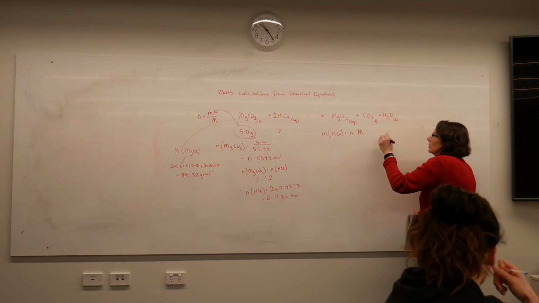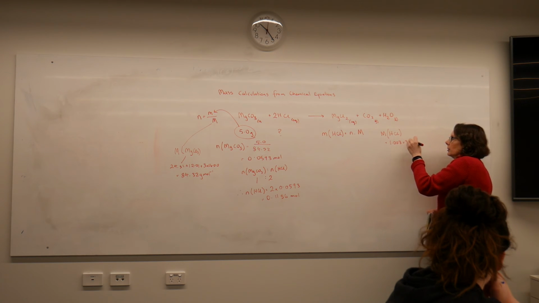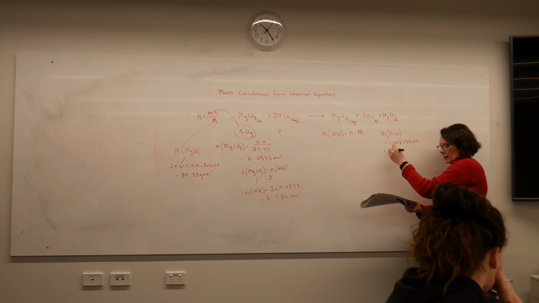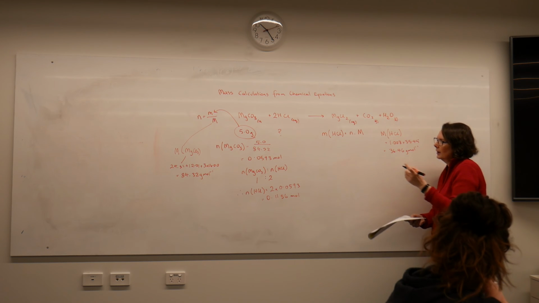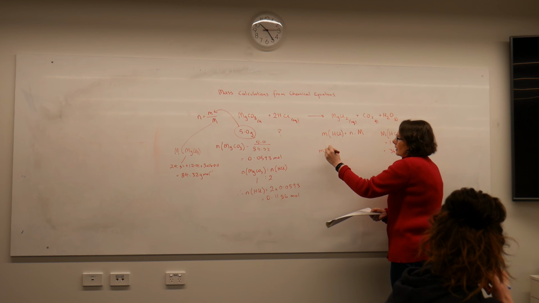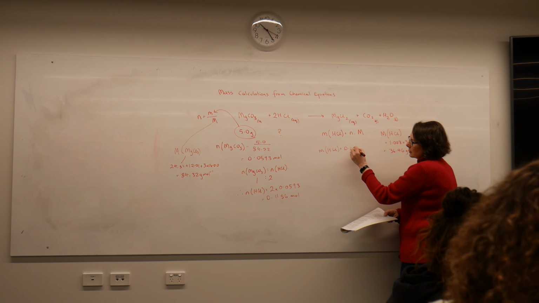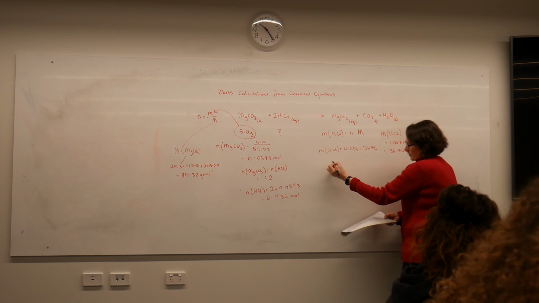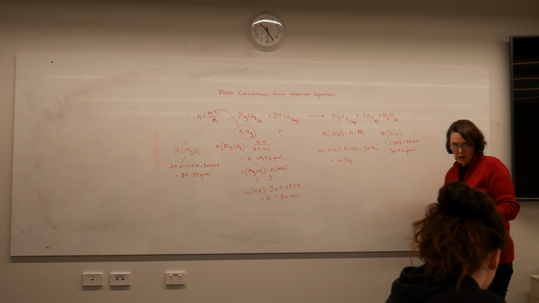So again, we would look up on our formula sheets 1.008 plus 35.45 to give us the molar mass of the hydrochloric acid, 36.46 grams per mole. So our mass of hydrochloric acid will equal the number of moles multiplied by the molar mass, which gives us 4.3 grams.